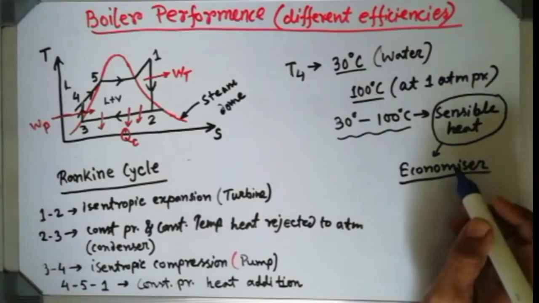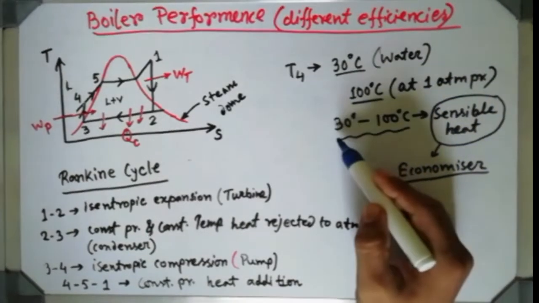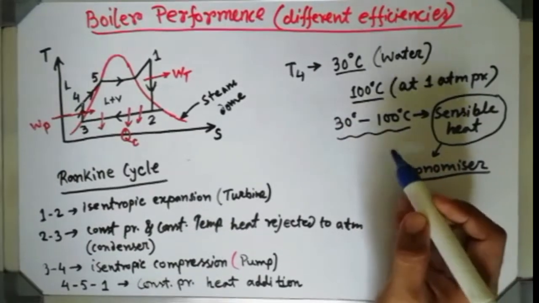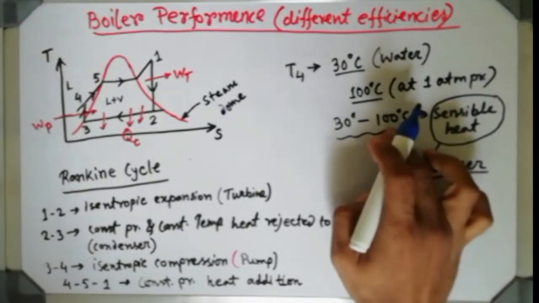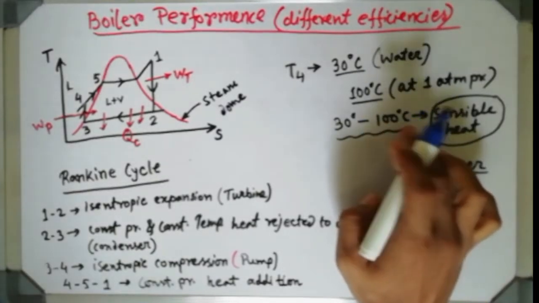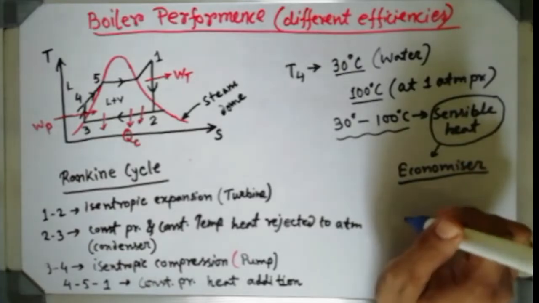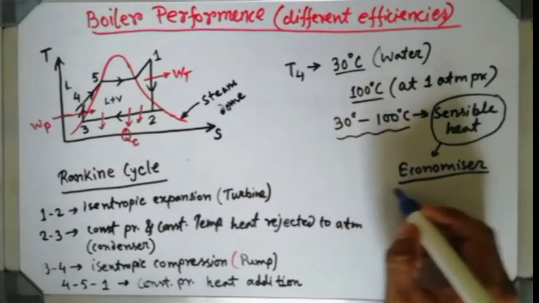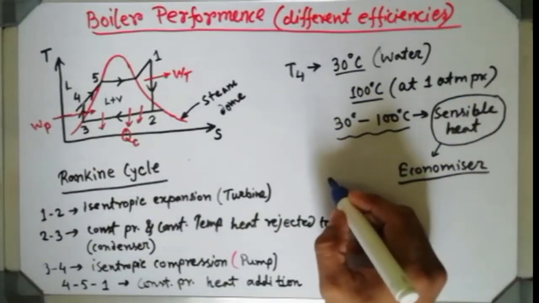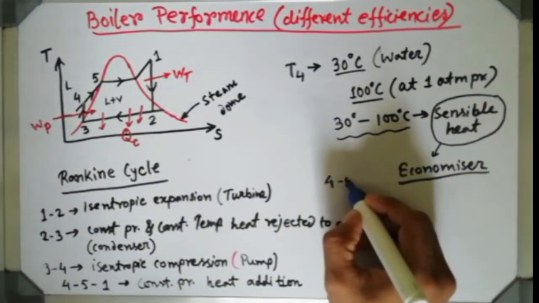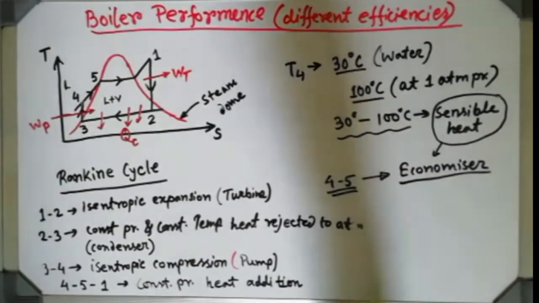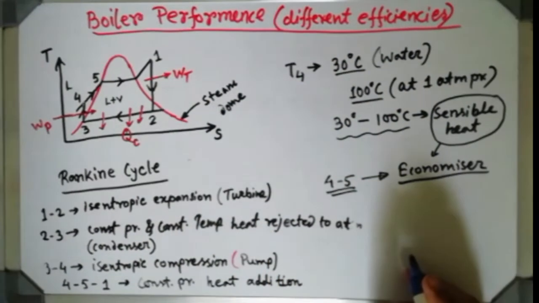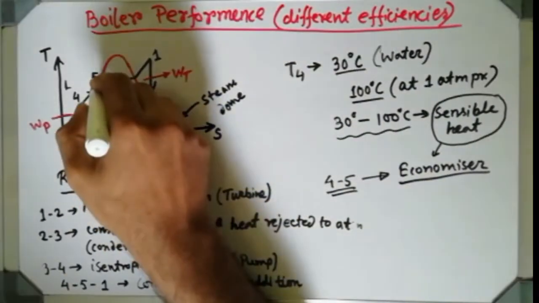It will utilize that heat to preheat the water from 30 to 100 degrees, up to its saturation temperature. That is, 100 degrees centigrade is the saturation temperature at normal atmospheric pressure. So that process 4 to 5 is executed inside the economizer. The temperature is raised up to its saturation temperature.